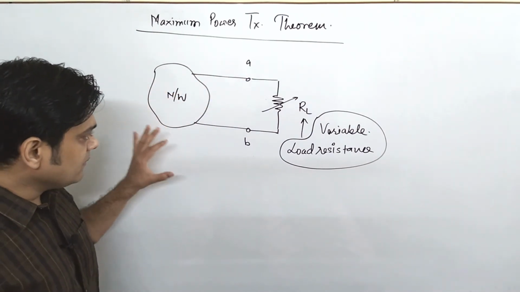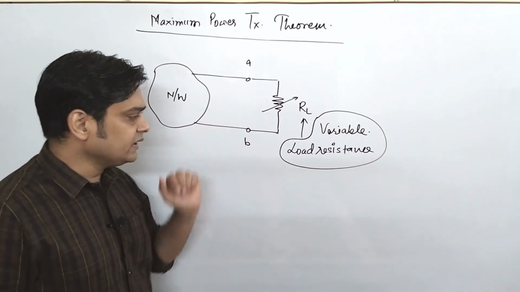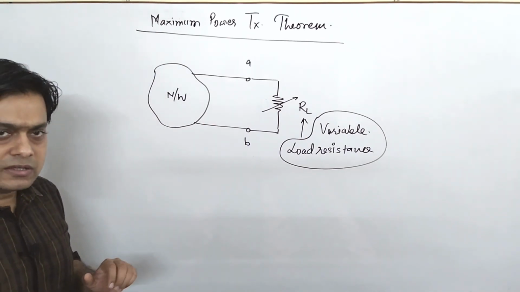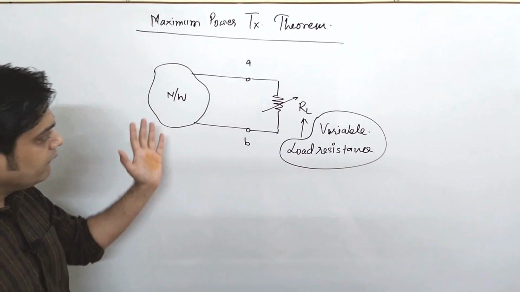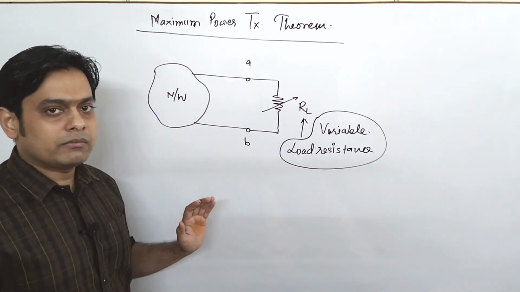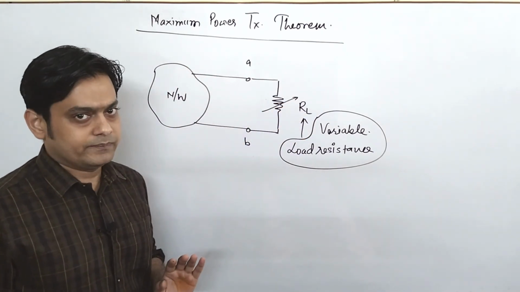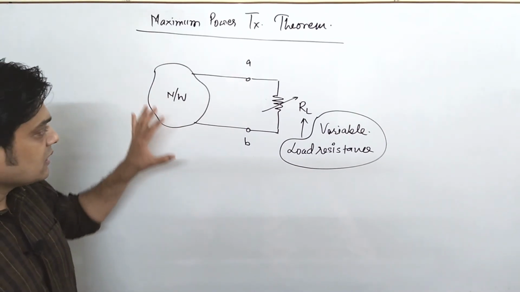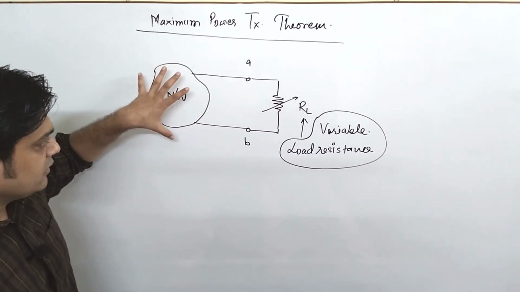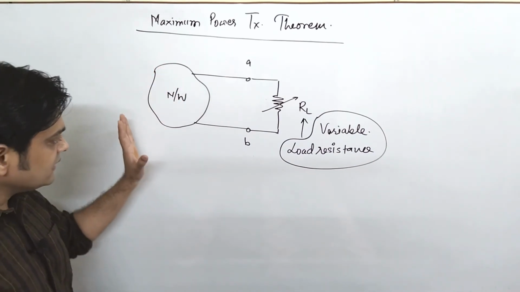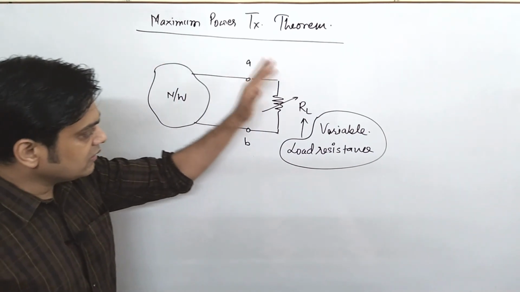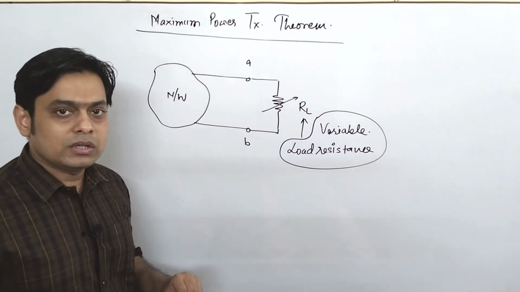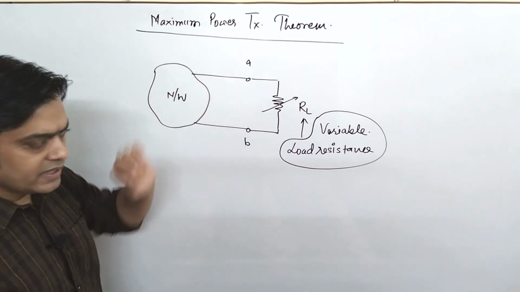So you have to find the condition under which this network will deliver maximum power to this load resistance.